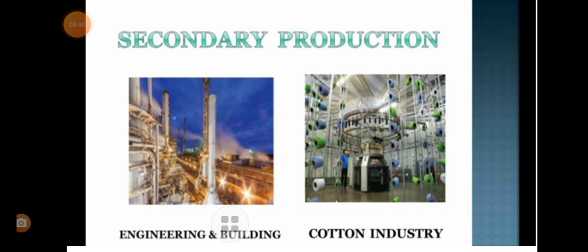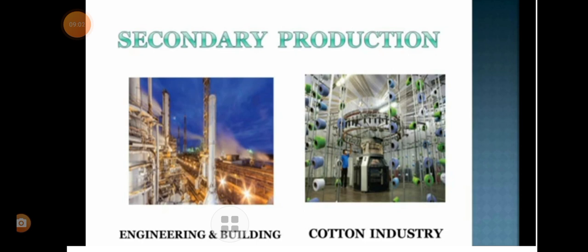Here the examples given are engineering, building, and cotton industry. In engineering and building, you take raw materials like bricks, stones, then mortar, and you have to process them into a building.